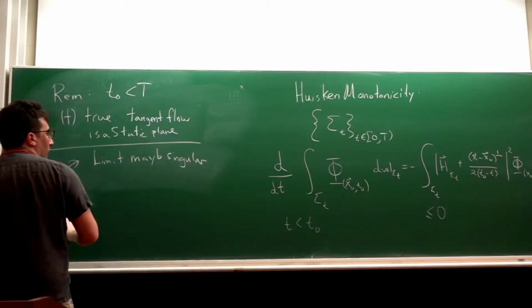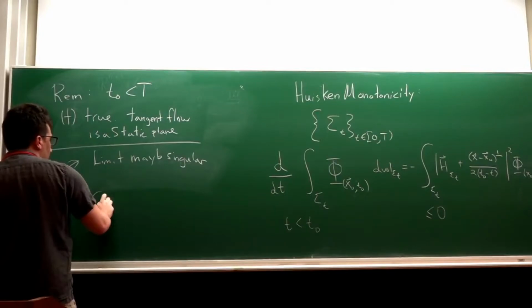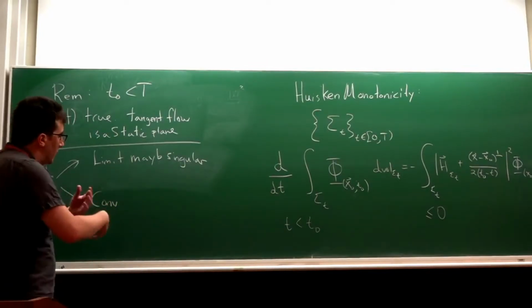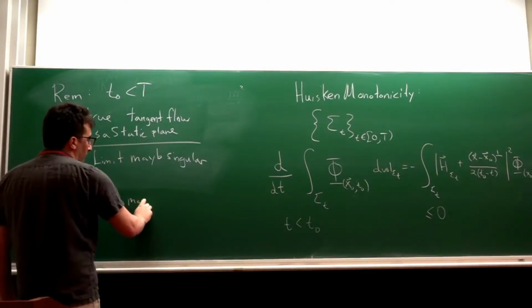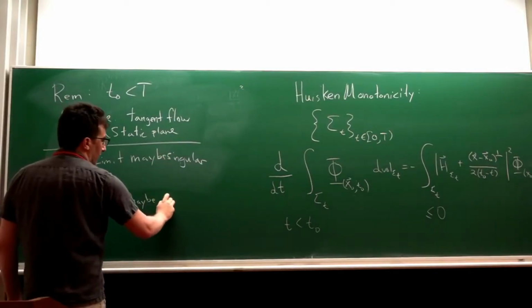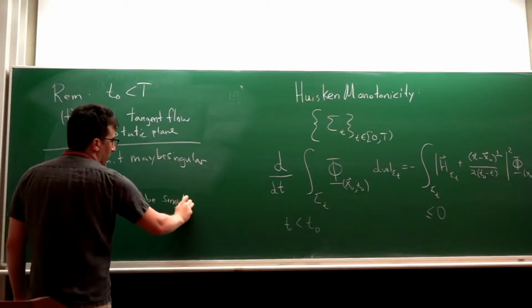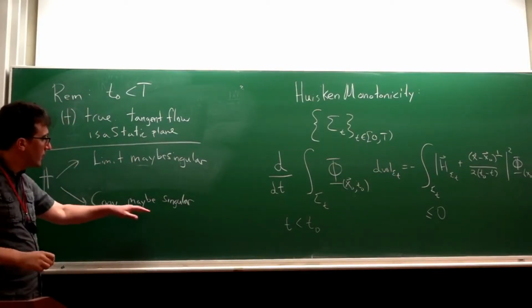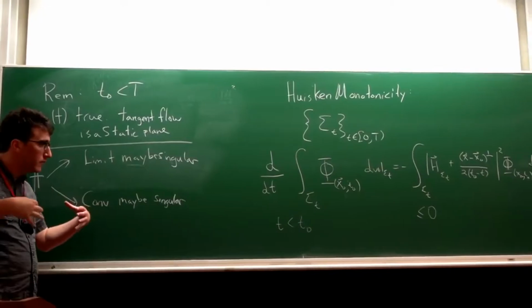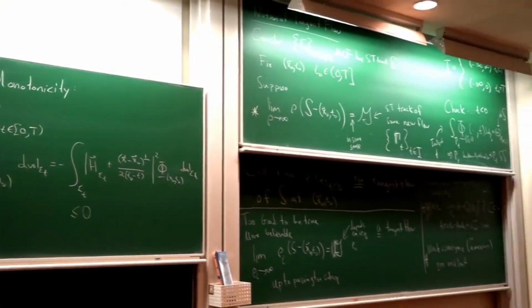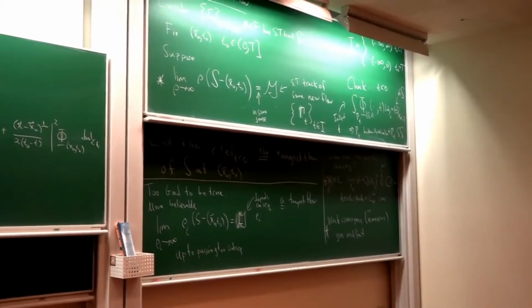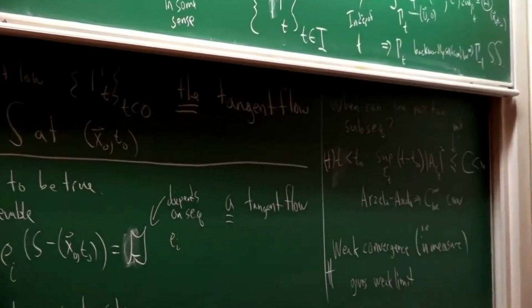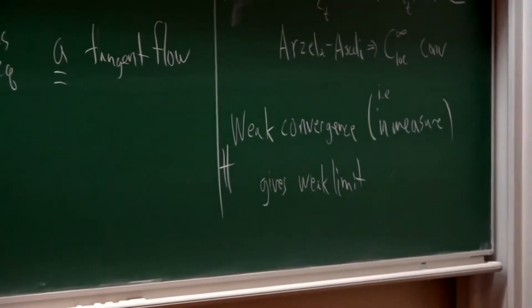And the other problem is that the convergence may be singular. There may be some regularity for the limit, in a way I'll mention, but even if that's true, the convergence of your flow to that limit may be singular. So you're not able to read off the information from the limit to the flow that you would like.